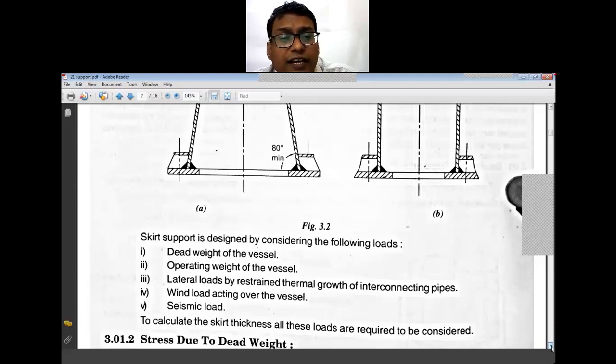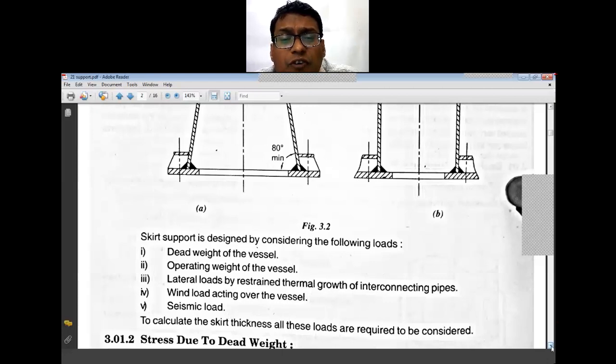That total weight has to be considered. Then lateral loads by restrained thermal growth of interconnecting pipes. That means the different attachments to that vessel are going to generate torque on the vessel.